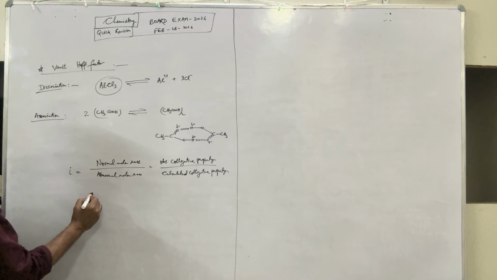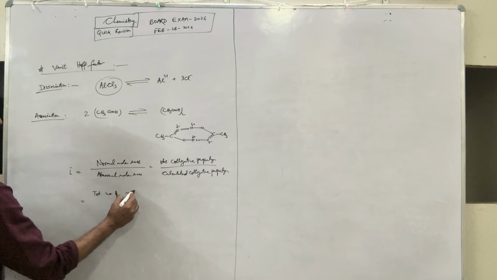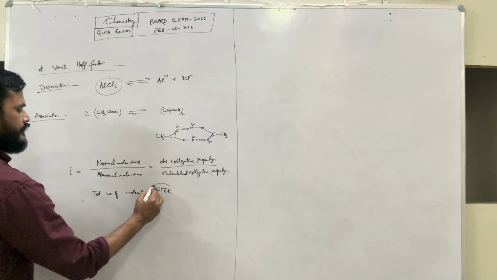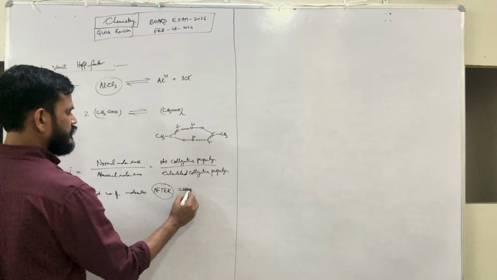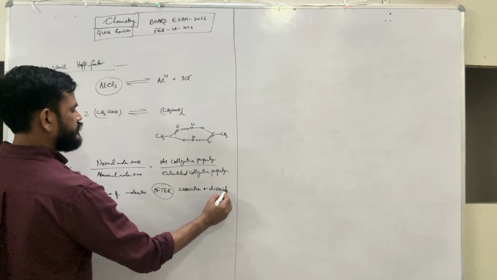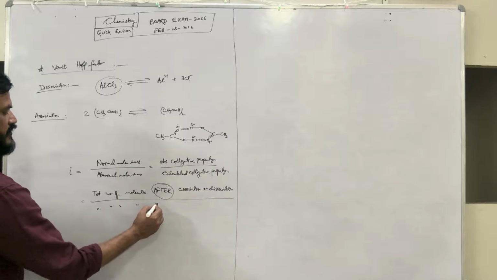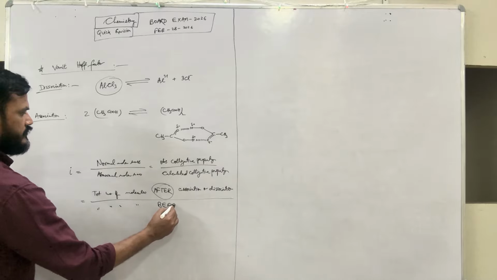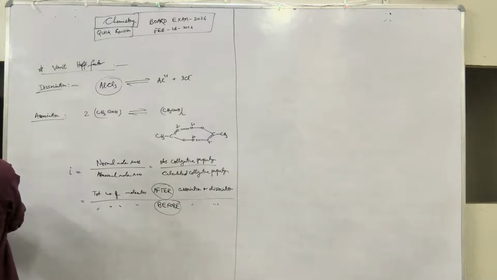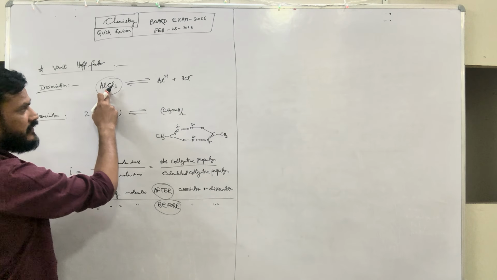And it is also equal to total number of molecules of solute after association or dissociation divided by total number of molecules before association or dissociation.